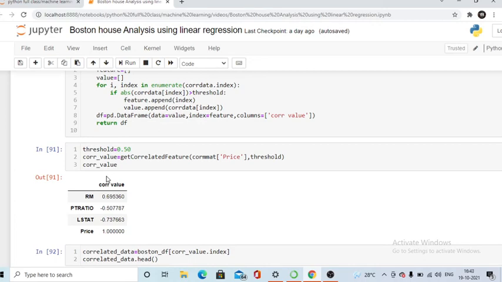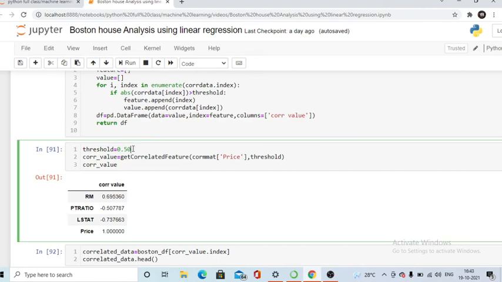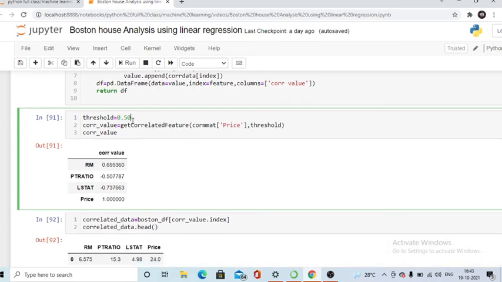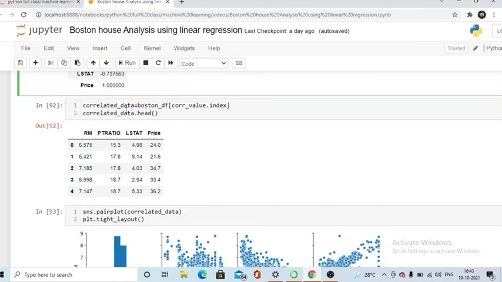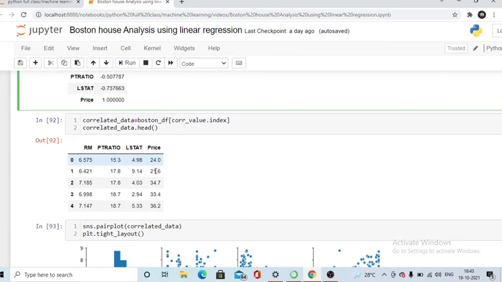You can run that code in a Jupyter notebook, and by running it you can also change the value of 0.50 to 0.40 or 0.30. When you change this value, you will see the number of features will also increase. Then the correlated data Boston has RM, PT ratio, LSTAT, and price.